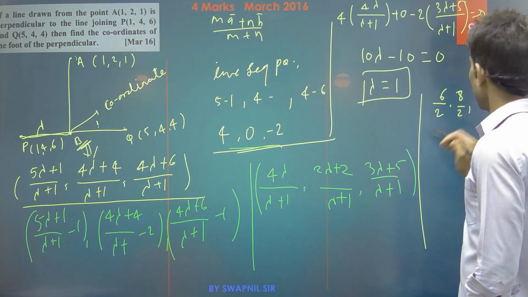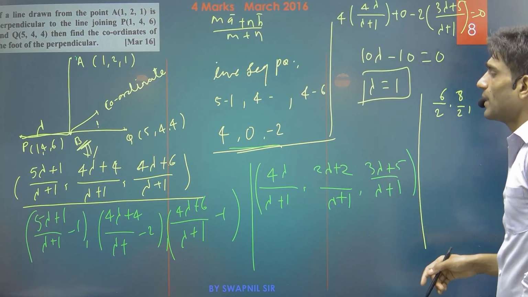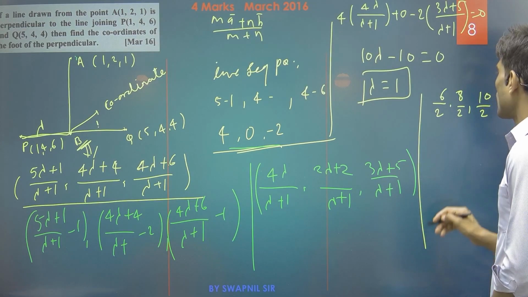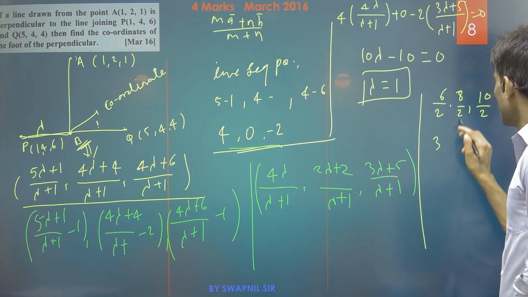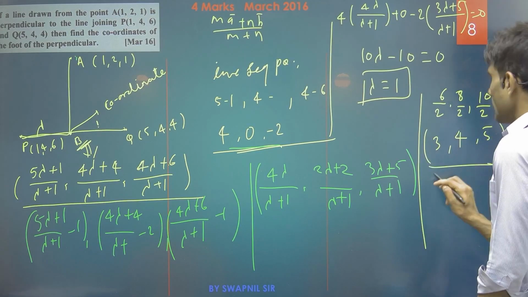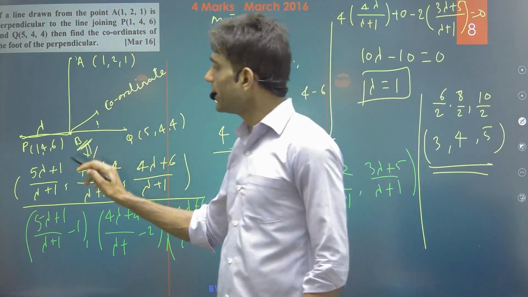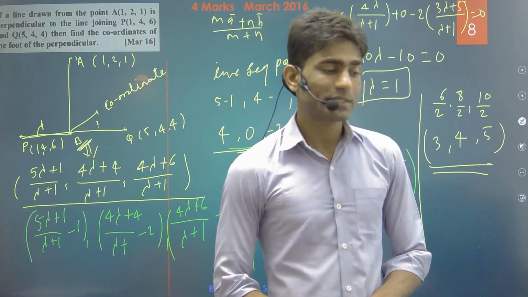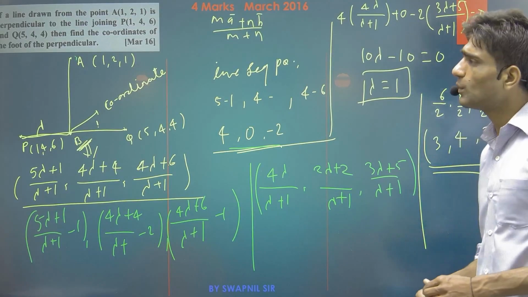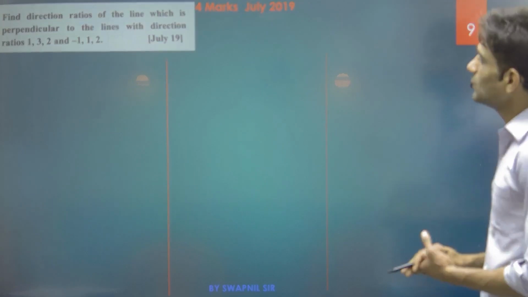And third one is 4 lambda plus 6, that means 10 divided by 2. So 6 by 2 is 3, 8 by 2 is 4, and 10 by 2 is 5. These three are the required foot of our point B here. I'm expecting that you all have understood this solution. It's just an easy part, you need to follow the process only. Okay, let's move to the next question.